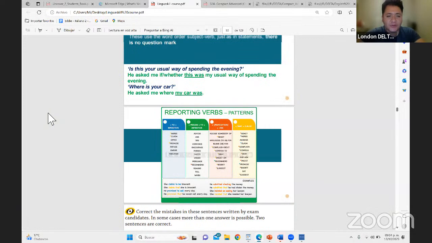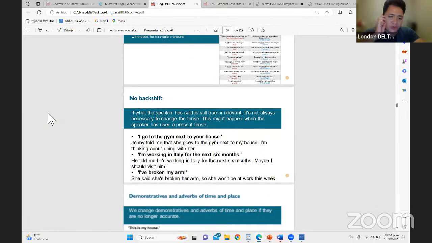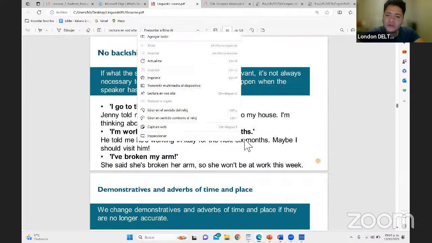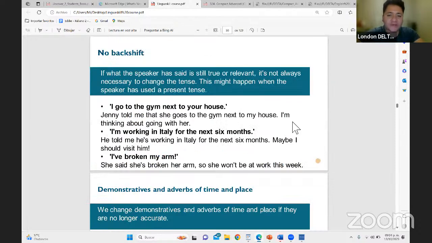Okay, very well. So when we don't use backshift, I told you, right, that sometimes it's not necessary to use backshift. So when you repeat what other persons say, you will pay attention, right, if it's something relevant or necessary to change. For example, it's not always necessary, right? If I say, for example, I like lasagna, okay?